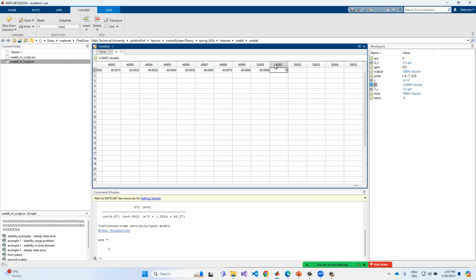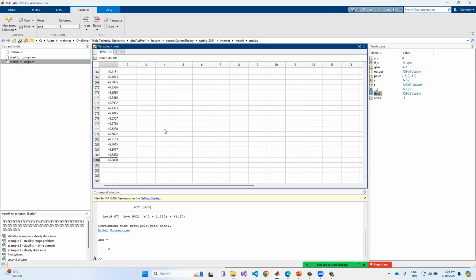You see the difference between this time, because the last value is the 50, but the other time is 49.9, right? And so we need to get this value of the 49.9, right?